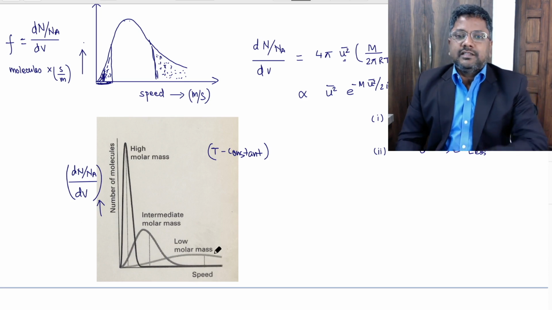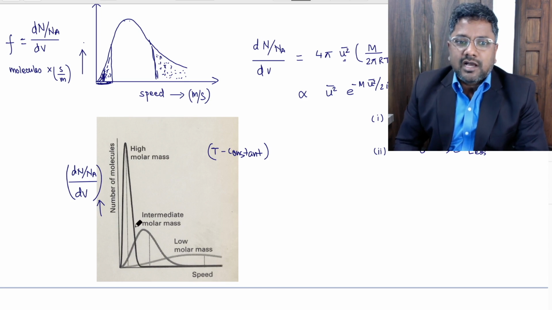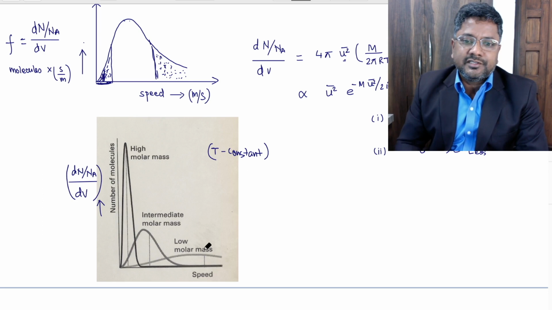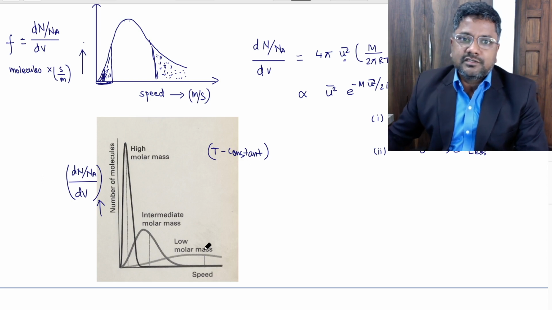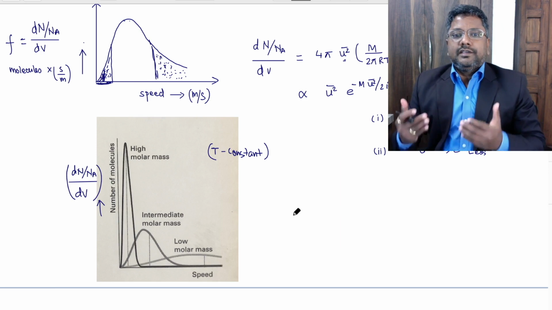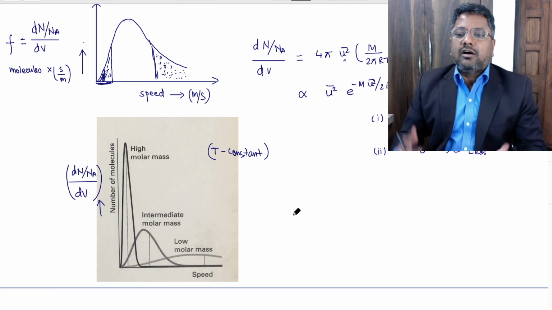So you can say that molecules of high molar mass have less speed, and less molar mass gases have more speed. The relation between molecular speed and molar mass is an inverse relation. So this is about the distribution of molecular speed or energy.